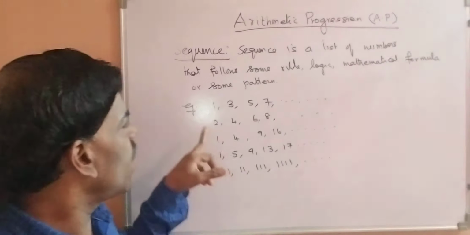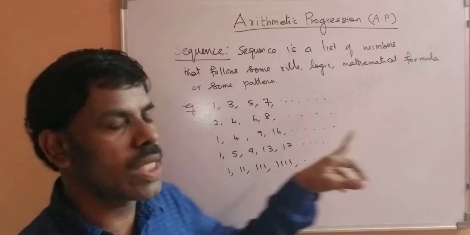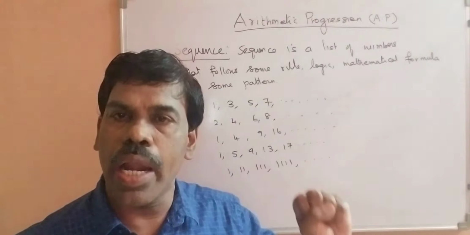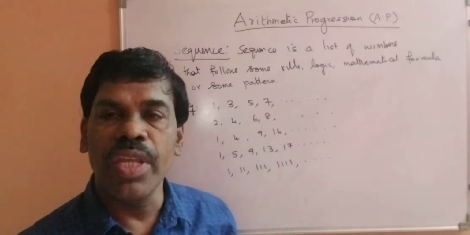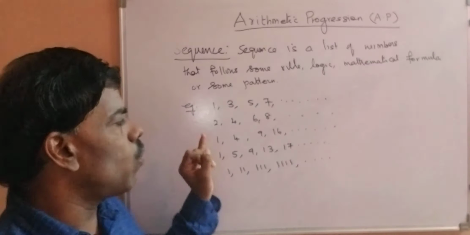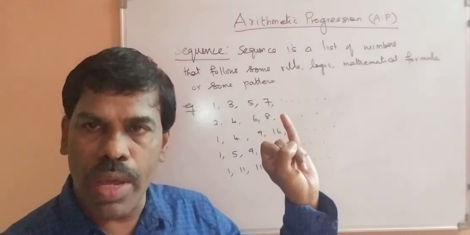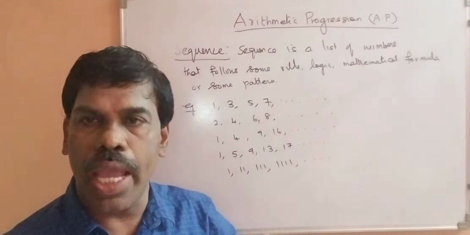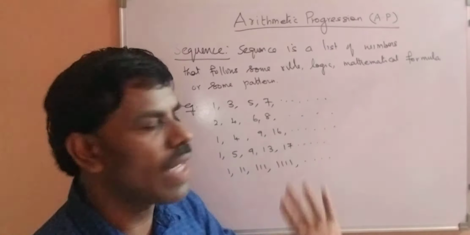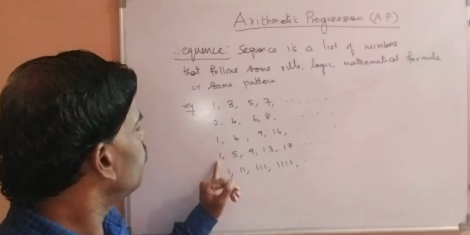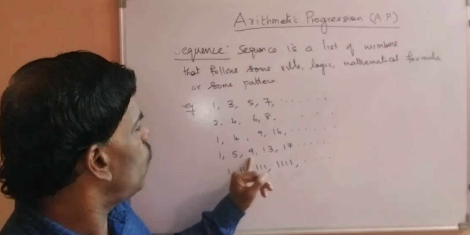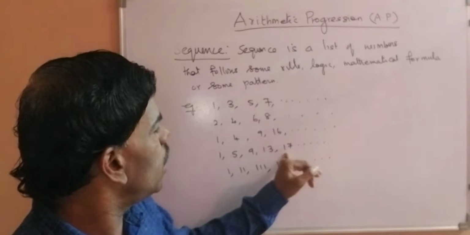Okay. Second one you see 2, 4, 6, 8, etc. Here also 2 is added, but to 2, not to 1. So here we call it even numbers. Here you look at this: 1 square is 1, 2 square is 4, 3 square is 9, 4 square is 16. So this we can say is the squares of natural numbers. Okay. Here 1, 5, 9, 13, 17.